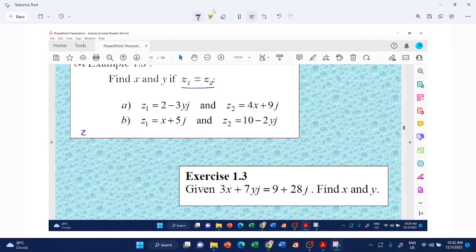Kalau z1 sama dengan z2, so z1 is on the left hand side. So kita tulis 2 tolak 3y, is equal to z2, which is 4x tambah 9j.